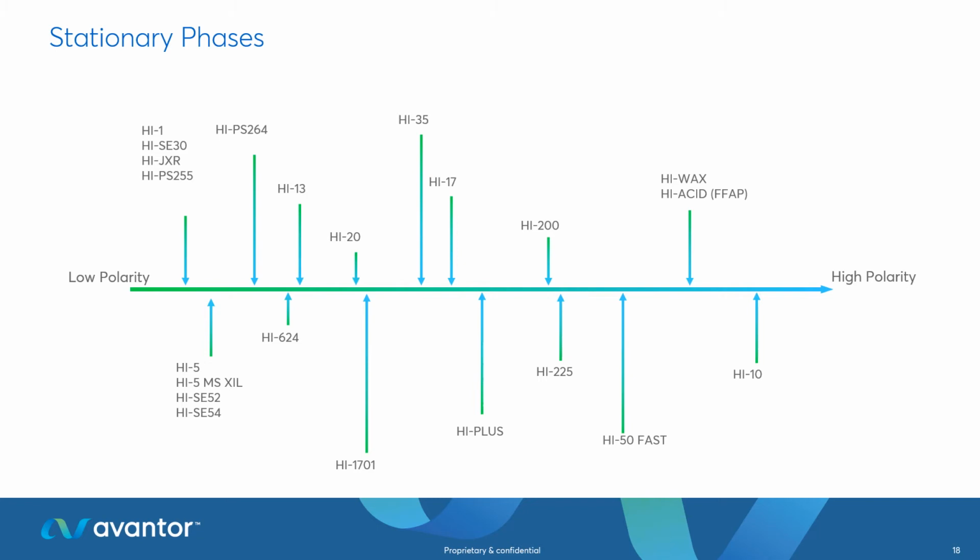As we increase the column polarity, we move to the wax and the polyethylene glycol, the PEG columns, which are used for free fatty acid analysis. So there is a range of different stationary phases that give us different selectivities for different types of compounds with different levels of polarity associated with them.